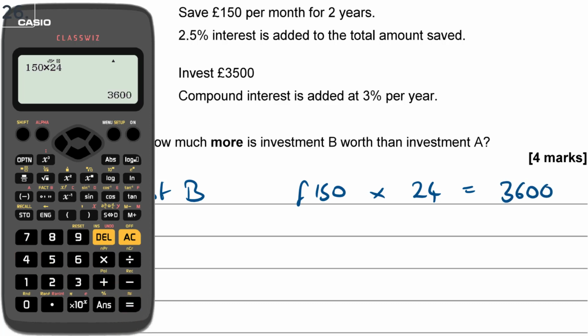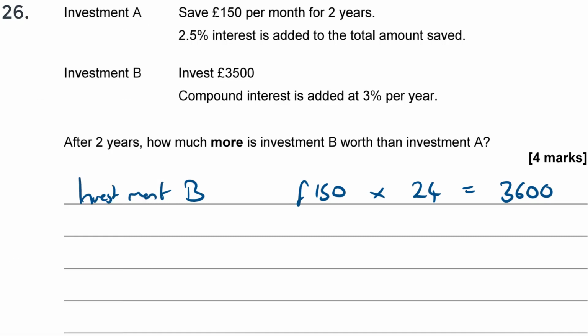Okay, slightly more than the investment B. And then 2.5% interest is added to the total amount saved. So using our final original multiplier triangle, we want to know our final amount, and if I put my thumb on F, then I can see it's original times multiplier.